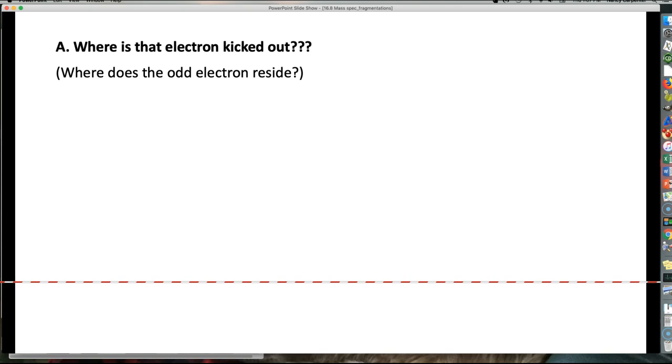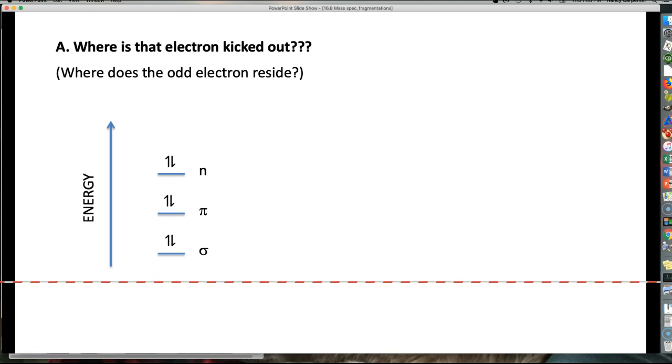All right, so high priority. We want to have an idea of what our molecular ion looks like. In other words, once I hit that glob of electron density with 70 electron volts, where do I lose that electron? Where am I left with an odd electron? And that's actually fairly reasonable in that we know that orbitals containing electrons are at different energy levels.